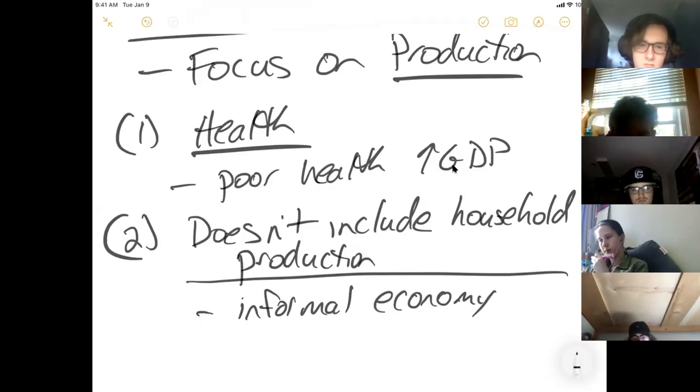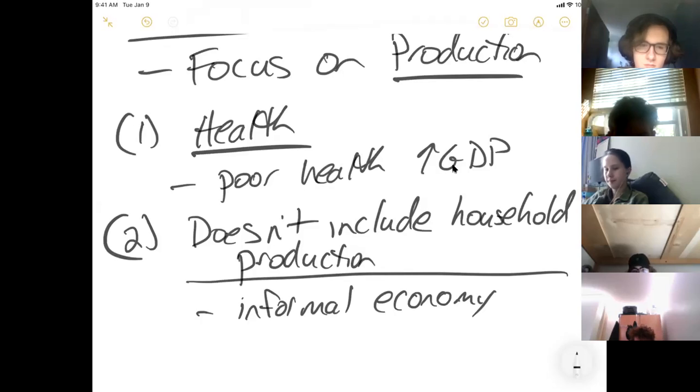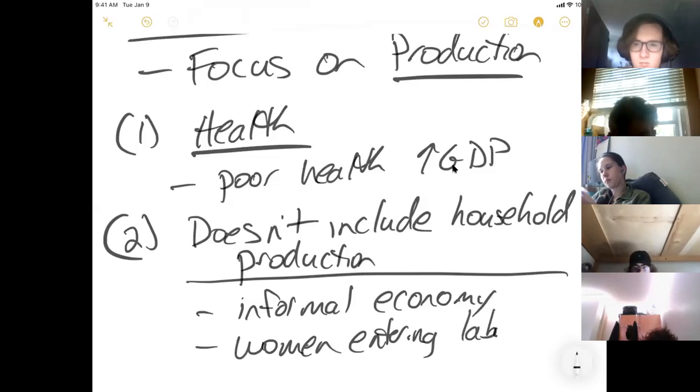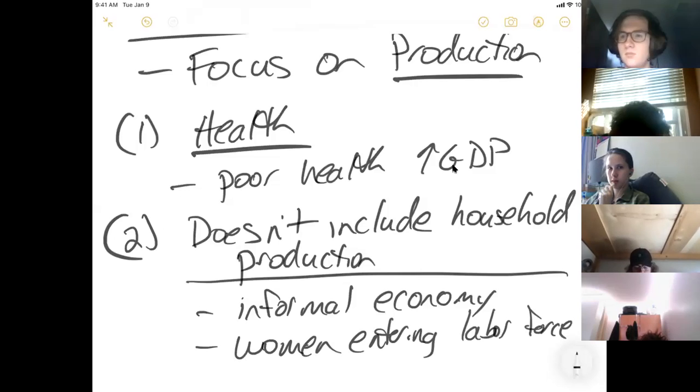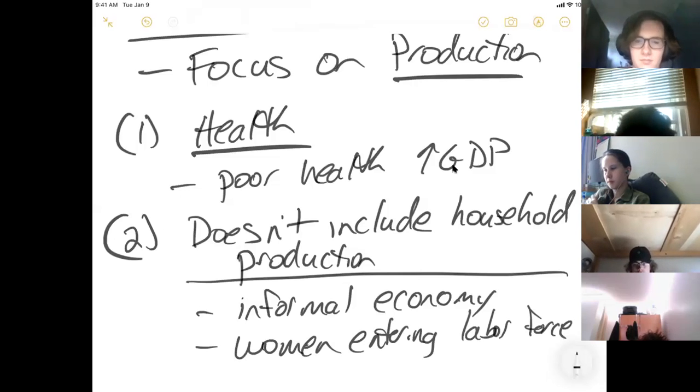In fact, one of the reasons why GDP has risen since 1950 is the fact that so many women have moved from working in the house to working in the market. So think about the movement of women entering the labor force. What happens to GDP when women have moved to the labor force? Before, their work didn't count to GDP. Now they get a job, their work starts counting for GDP.